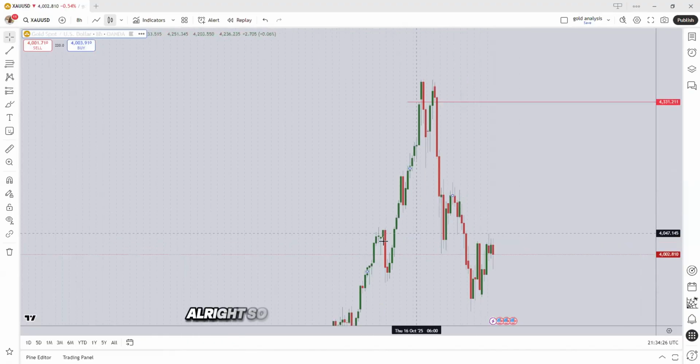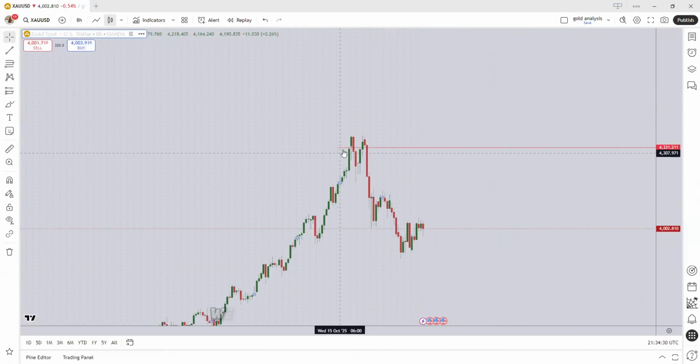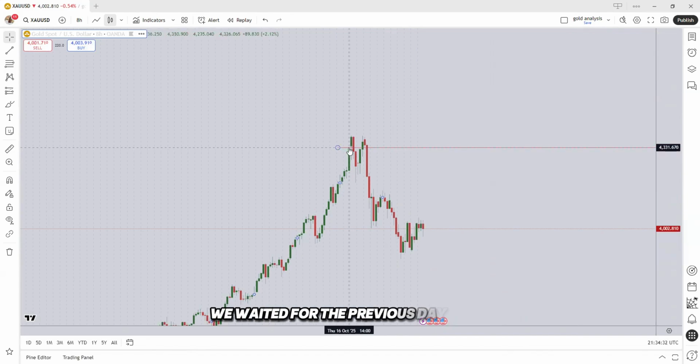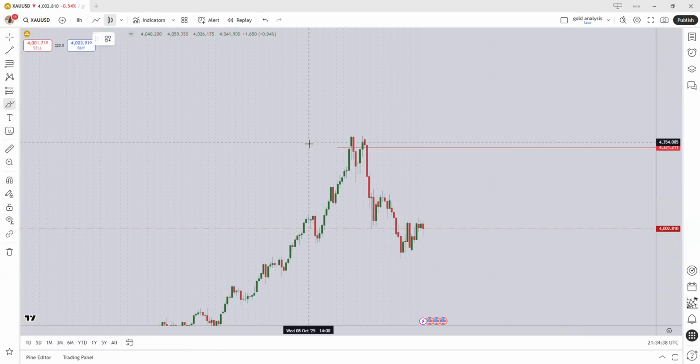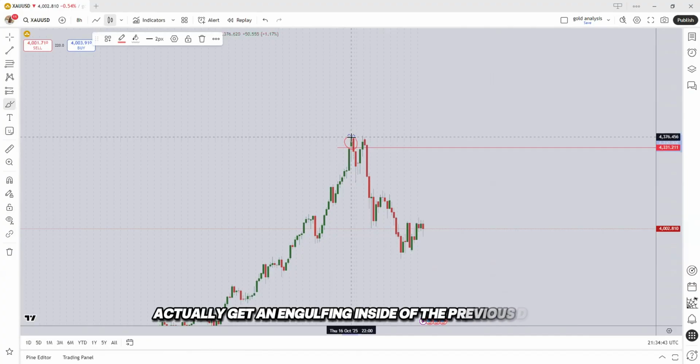All right, so you can see this is what we intended. We waited for the previous day, and you can see that the market actually gets an engulfing inside of the previous day.